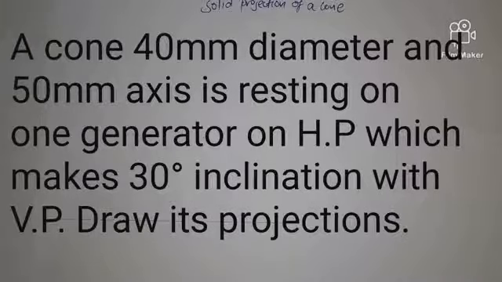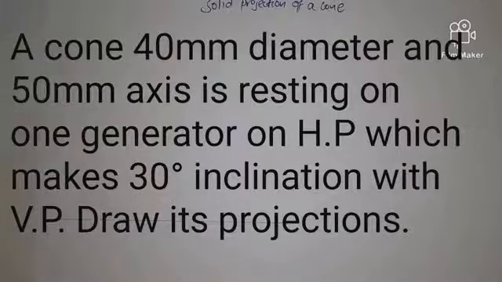The second condition is we let the cone lie on the generator, and we draw the plan while it's lying on the HP. And the next condition is we let the axis of the cone tilt at 30 degrees, that is the angle of inclination with the vertical plane, and therefore we shall also be able to have the projection.